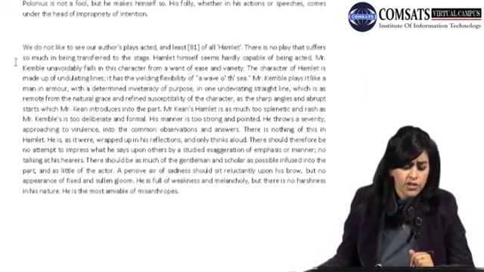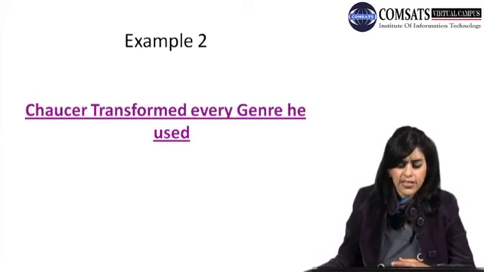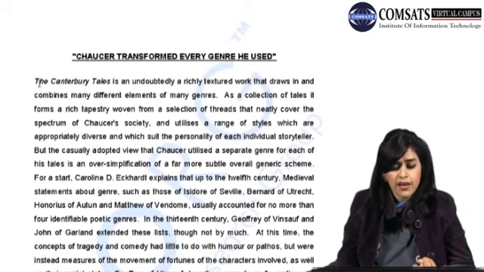Now coming back to our second example, that is Chaucer: how Chaucer transformed every genre he used. Now let's quickly see how the writer has written that. The writer basically starts talking from the Canterbury Tales and says that it is an undoubtedly richly textured work that draws in and combines many different elements together.